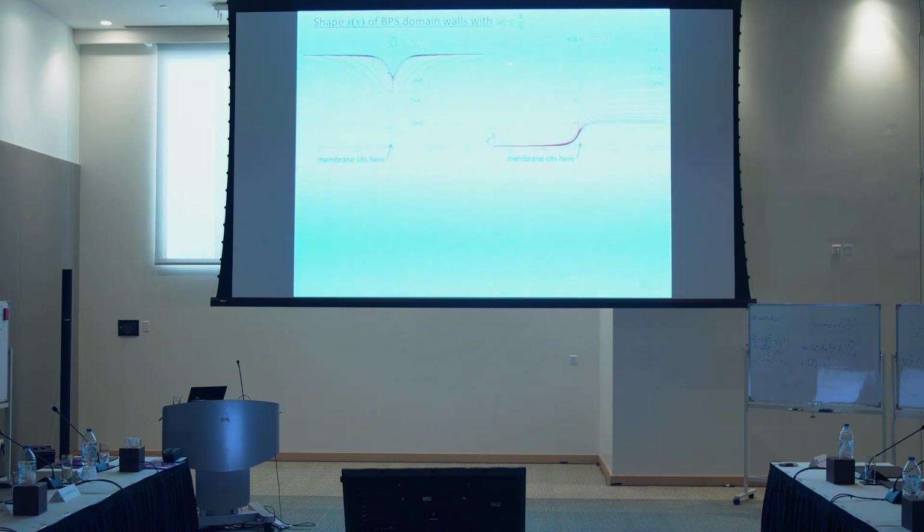Now the form of the field S itself for these solutions is as follows. You see that for the modulus of S divided by lambda cubed, the domain wall is actually a trench. It's not a domain wall. The value starts from 1 to the left of the membrane, and then it goes deeper and deeper, and the deepest value is for n equals 3 here, and here there are cusps.